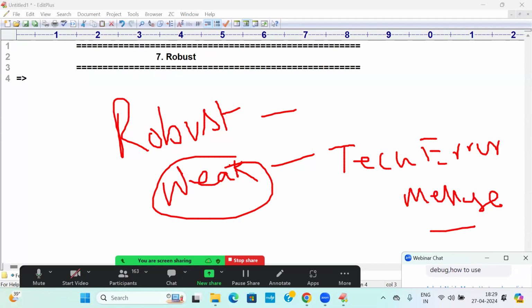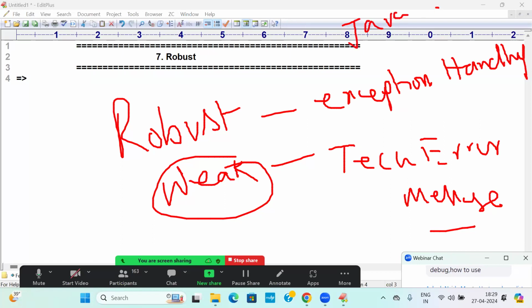I hope you are following me. So what is strong and what is weak? That is the point. If it is strong, how to make it strong? In Python, one beautiful concept is available. What is that concept called? Exception handling is the topic which is available. In Java also exception handling is there.